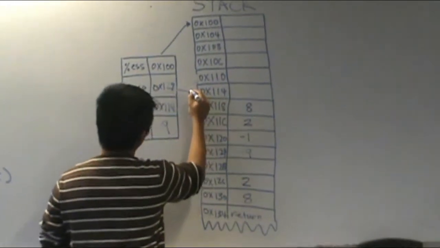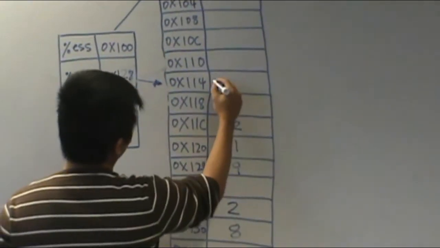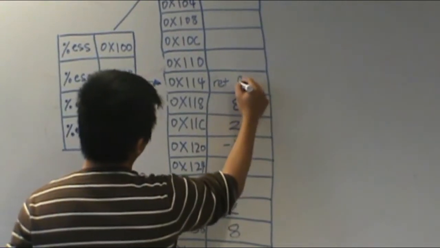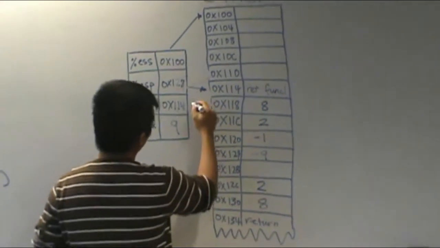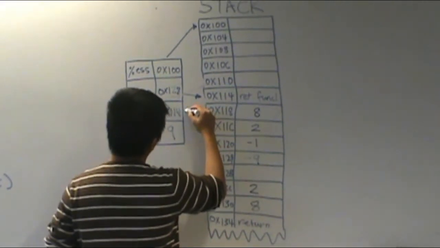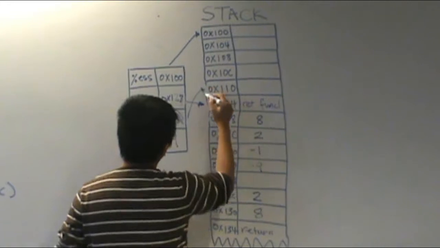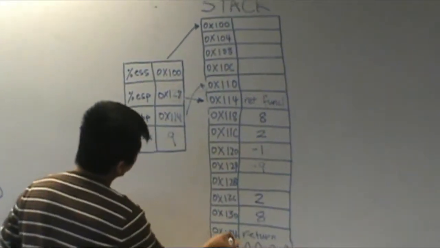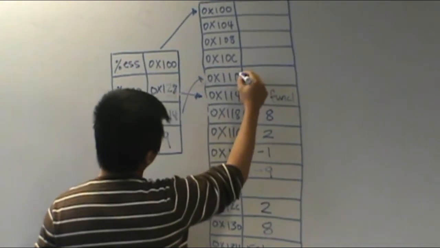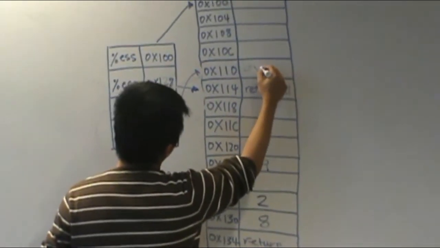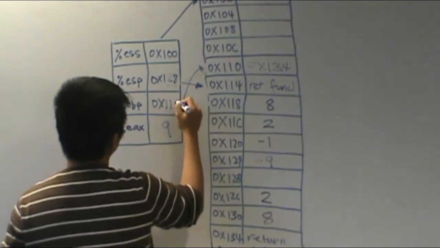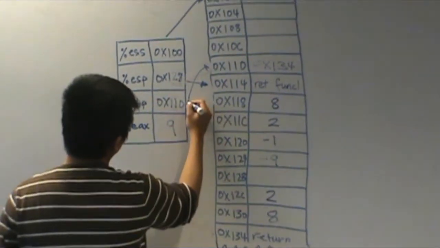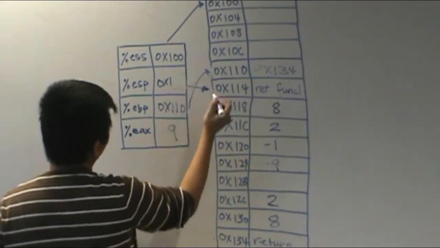When the function is done, it will return back to function 1. Then push EBP will be next, and it will store the address that EBP was, 134, here. So the address 110 has the value 134. So this has become 110, and this here will be 114.